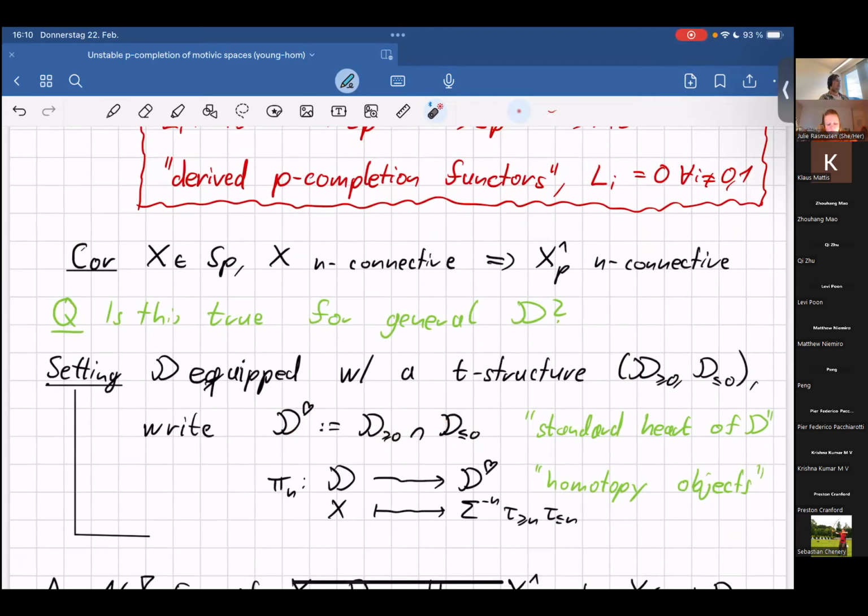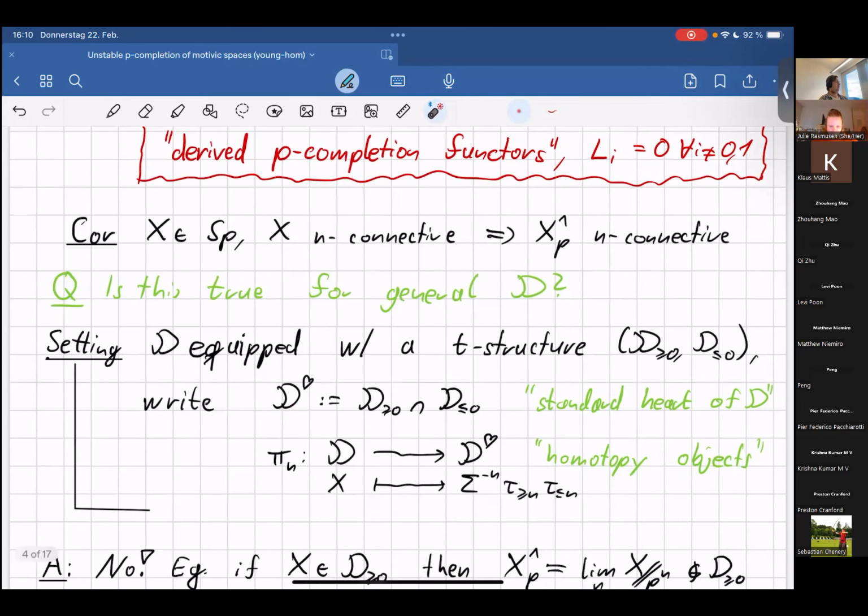And then the funny thing is that this heart is no longer an infinity category, but is actually an abelian 1-category. So you somehow kill the higher homotopies, the higher homotopy groups of the mapping spaces between objects here. And in particular, you then get some homotopy group functors from D to this heart by taking some object X. You take the n-truncation of it with respect to this t-structure.